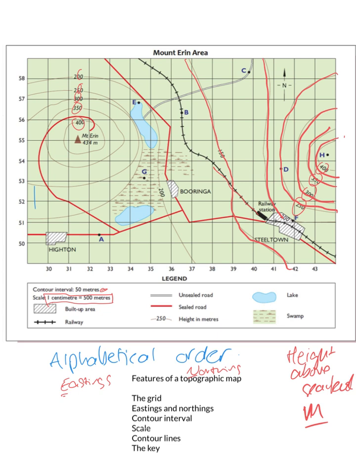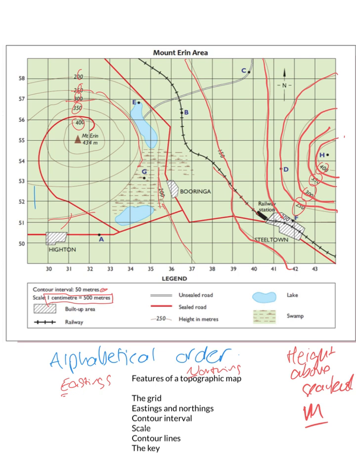The closer the contour lines are together, like up here, the steeper that part of the land is. The further apart they are, the flatter it is. This one here is a 250 and this is a 200 down here. That's flatter.